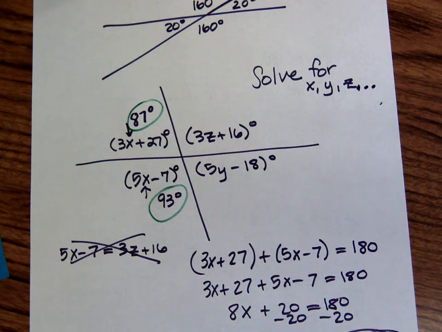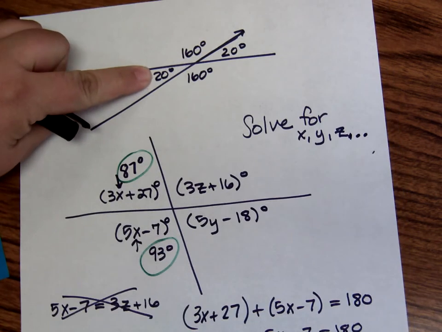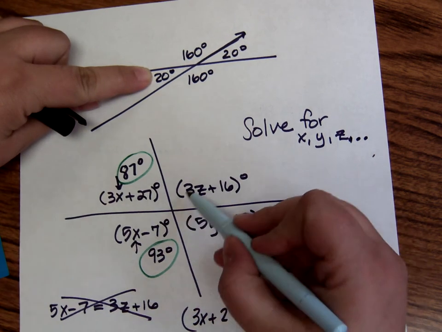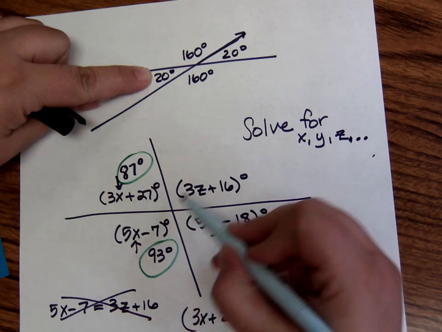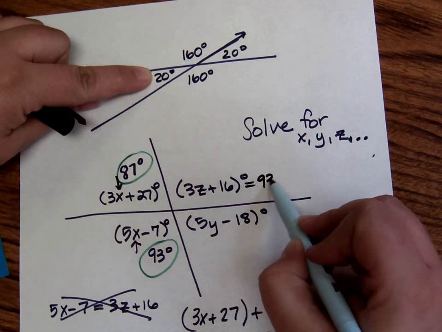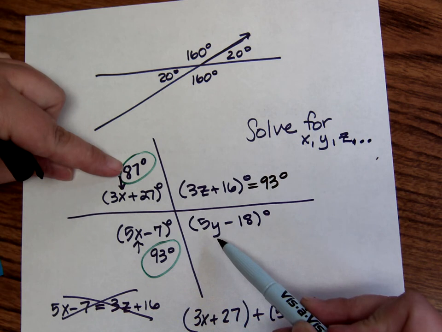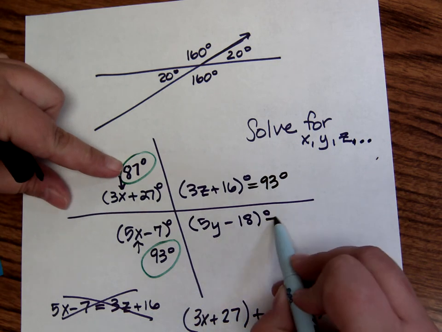But remember what we said up here about you're only going to have two different angle measures. So everything on this picture is either 87 or 93. These two across from each other are the same measure, so this has to equal 93. These two across from each other are the same measure. Remember, these are vertical angles, so this one has to equal 87.